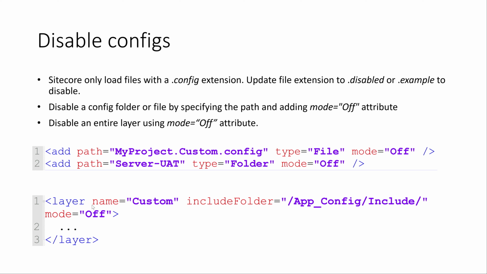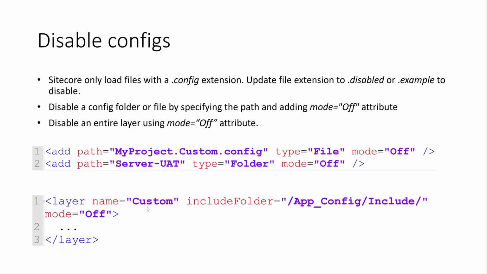We want to identify it quickly, so we want to disable all our custom configurations. How do we do that? Rather than disabling all the files or deleting those files, we can just mark custom mode equal to off. That means anything under the custom layer will not be considered. So pure vanilla Sitecore is working.